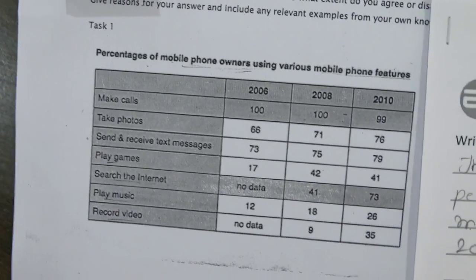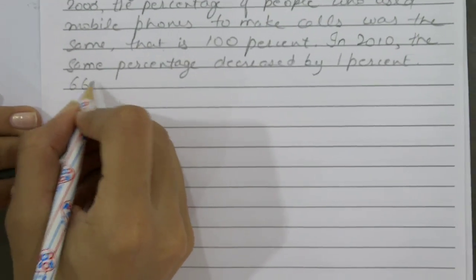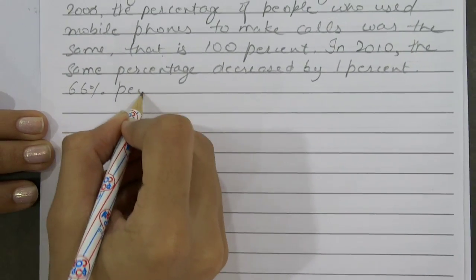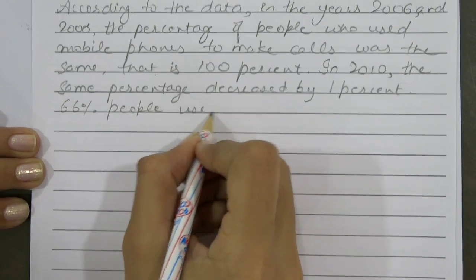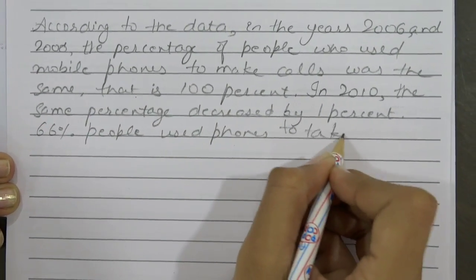Now, for the second one, we'll change the sentence structure a bit. We'll write 66% people used phones to take photos.